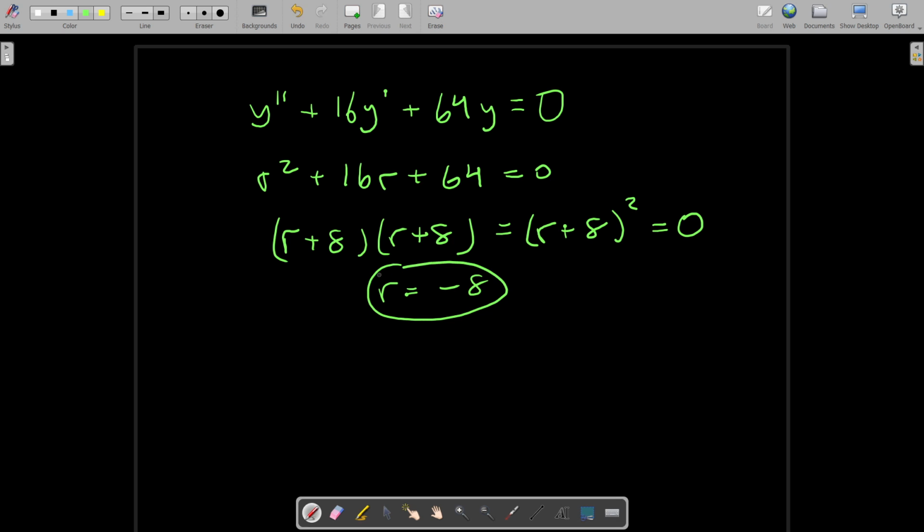Okay, good. And then what we can do next is try to put this into the form of a solution, but you'll quickly see the problem that we have.